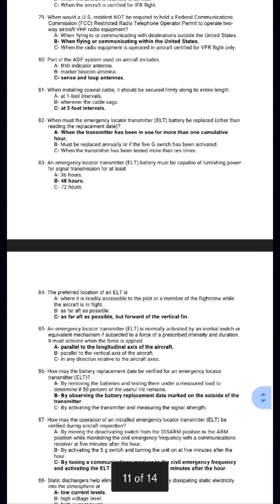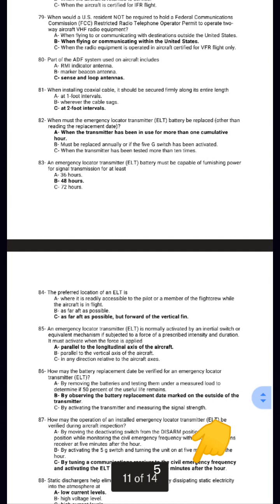By tuning a communications receiver to the civil emergency frequency and activating the ELT momentarily within 5 minutes after the hour. So within that first 5 minutes, like 1:05 and under, 2:05 and under, 3:05. You don't want to go 3:06, it's too late. It'll cause an emergency. You have to wait till the next hour. So do it within that first 5 minutes.